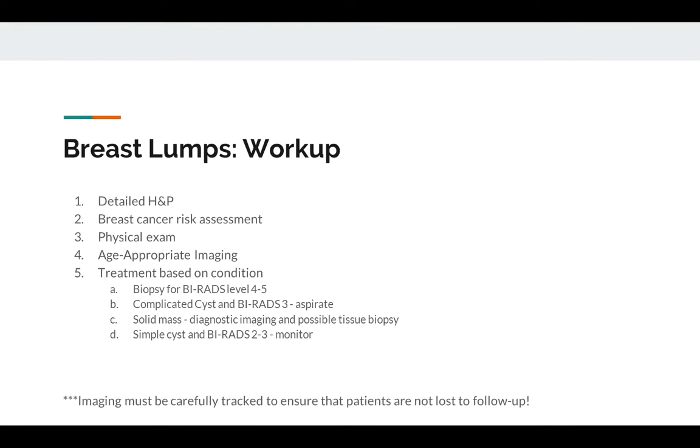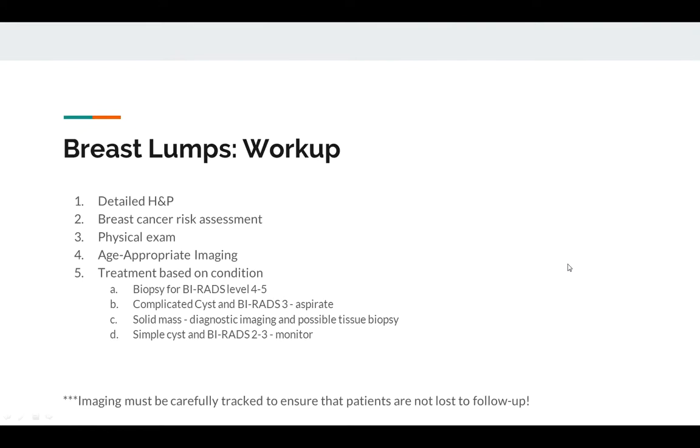The BI-RADS score is a radiology criteria score that's given to you by the radiologist based on how suspicious breast imaging looks. So the higher the number on the BI-RADS score, the more likely that this is something that needs to be dealt with. And so your treatment will depend on not only what type of tissue the lump appears to be, but also by its BI-RADS number.